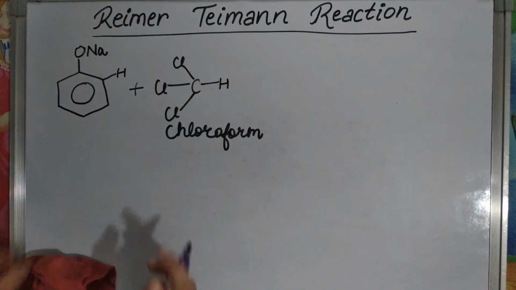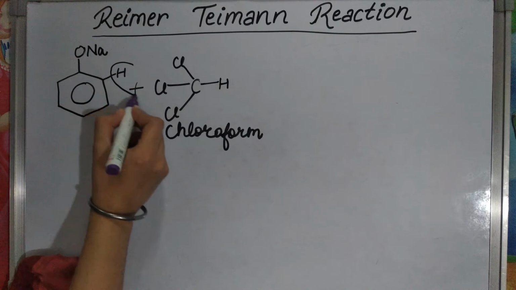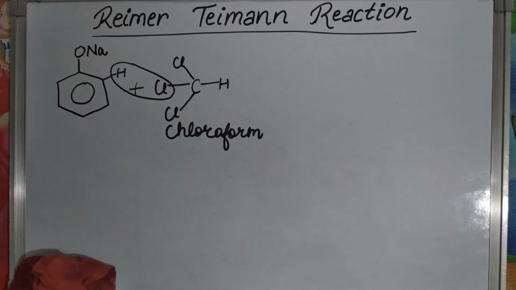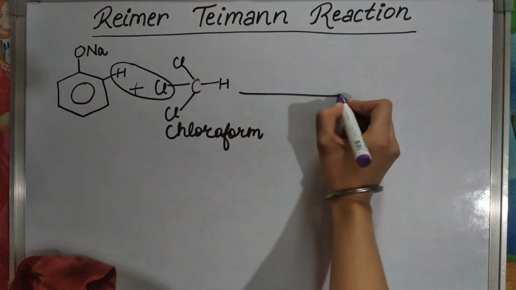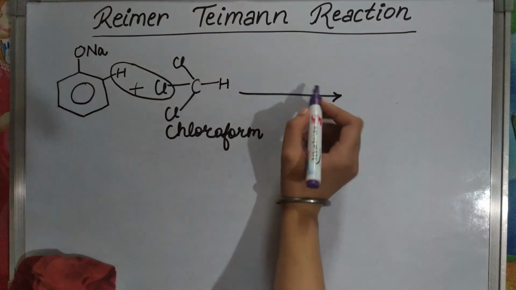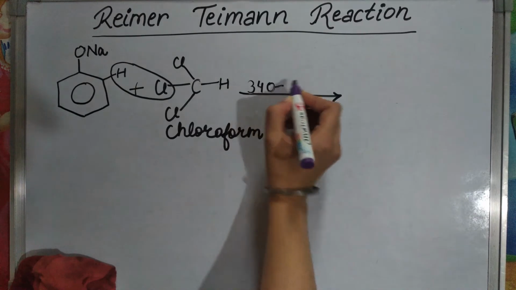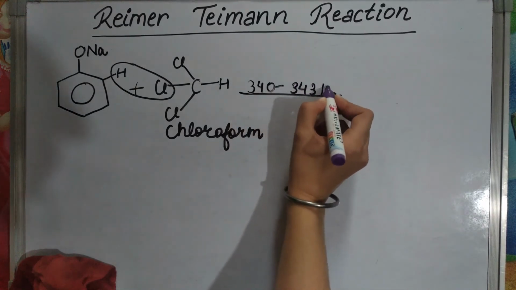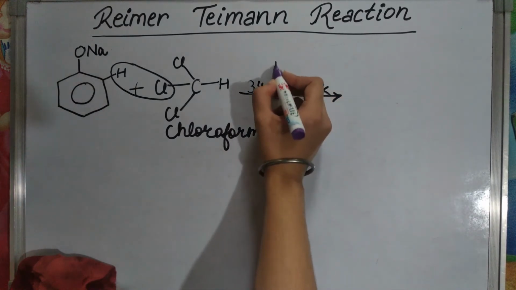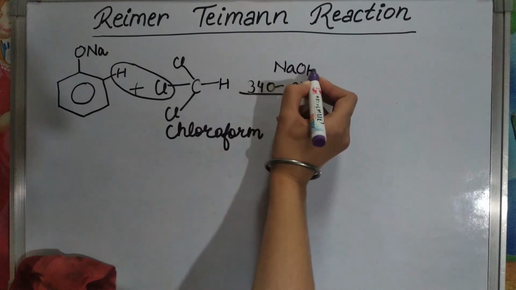Now from here we remove this hydrogen and from here we remove this chlorine, and we have to put some conditions like temperature 340 to 343 Kelvin, and we have to put sodium hydroxide.